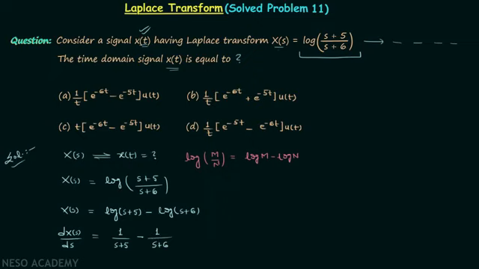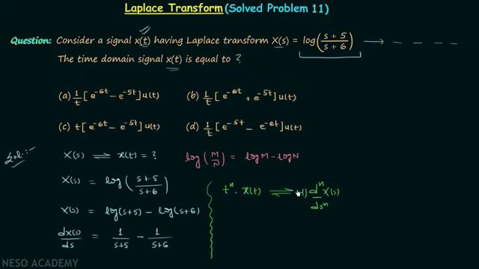Now if you recall the differentiation in frequency property of Laplace transform, you will find if you multiply t raised to power n to a time domain signal x(t) having the Laplace transform X(s), then the new Laplace transform of t^n x(t) will become (-1)^n times the n-th derivative of X(s) with respect to s.